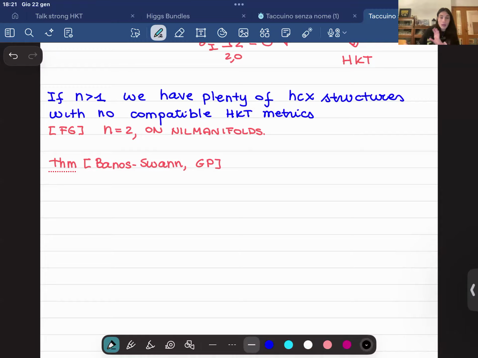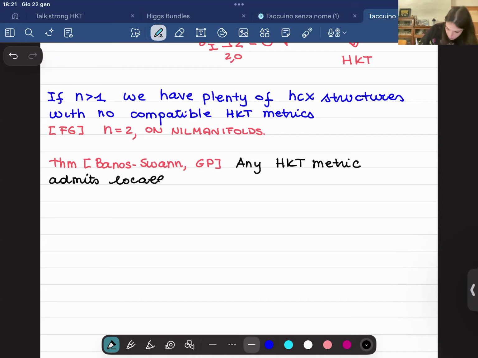And the theorem is the following one. Any HKT metric admits locally an HKT potential.